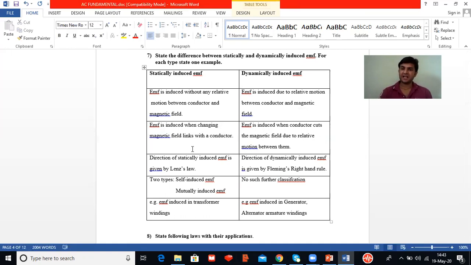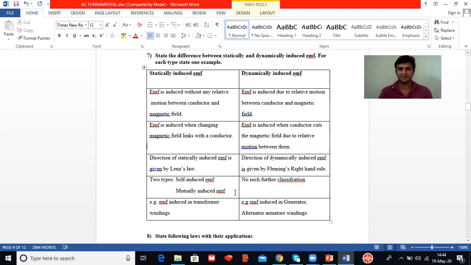Where the flux cutting action takes place, there is dynamically induced EMF. So in dynamically induced EMF, when the conductor cuts the magnetic flux due to their relative motion, it is known as dynamically induced EMF.